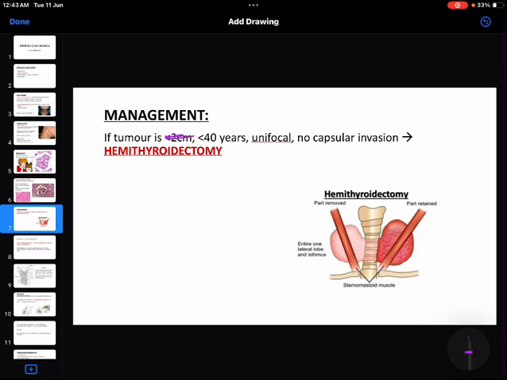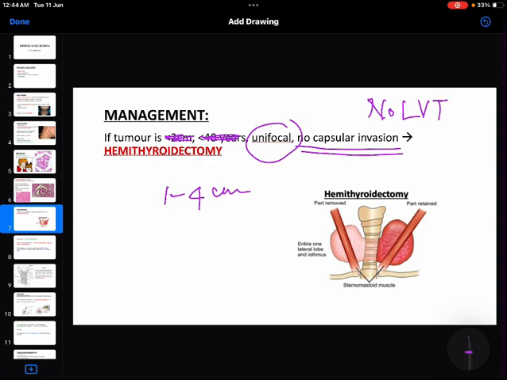What is the management? If the patient has a 1 to 4 centimeter sized tumor, if it is a unifocal tumor, if there is no capsular invasion, and if there is no lymphovascular invasion, then we can proceed with hemithyroidectomy. What is hemithyroidectomy? The thyroid has 2 lobes.